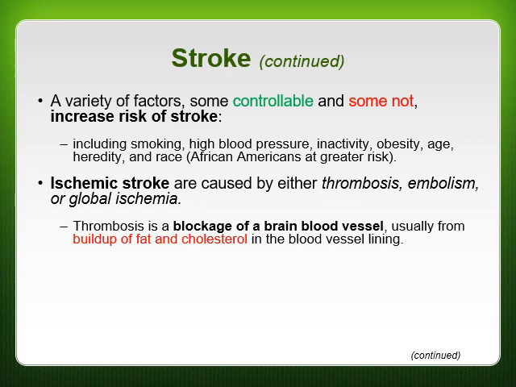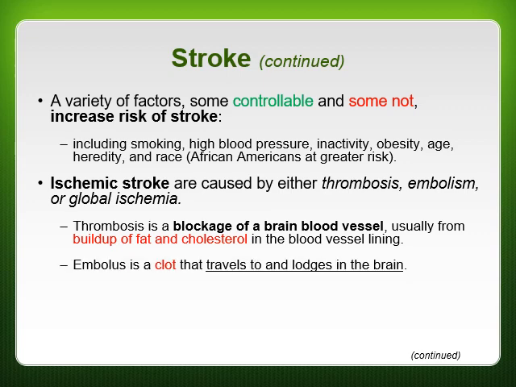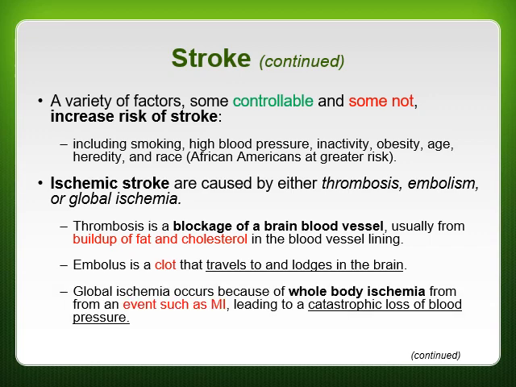Ischemic strokes are going to be caused by either thrombosis, embolism, or global ischemia. Now, thrombosis is a blockage of a brain blood vessel, usually from a buildup of fat and cholesterol in the blood vessel lining. Embolism is a clot that travels to and lodges itself in the brain.